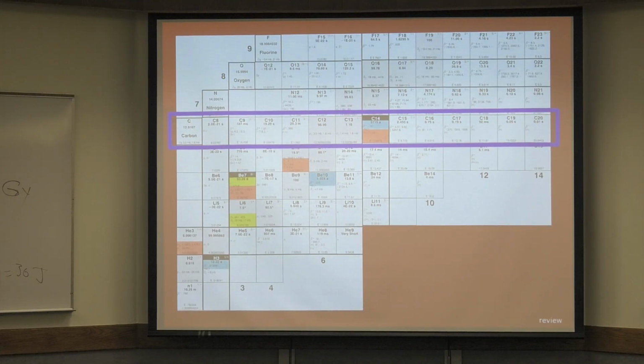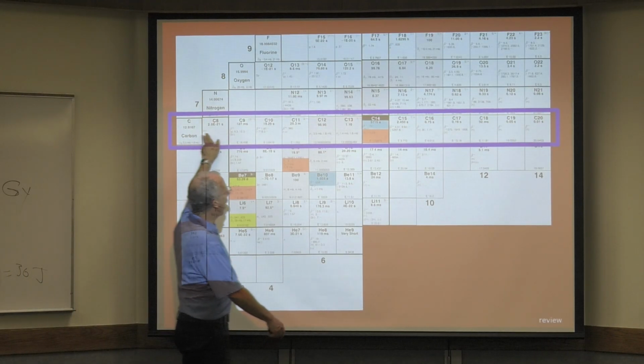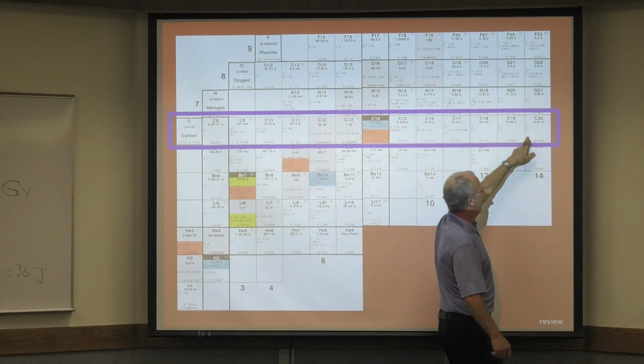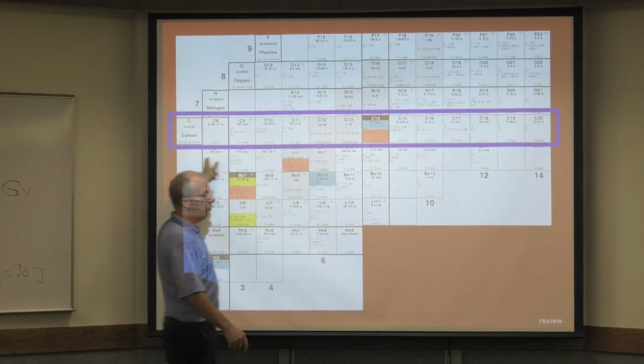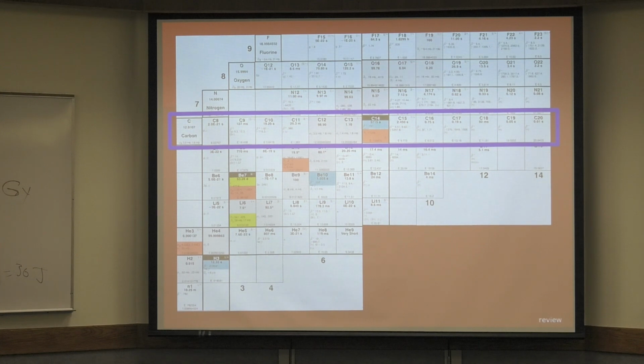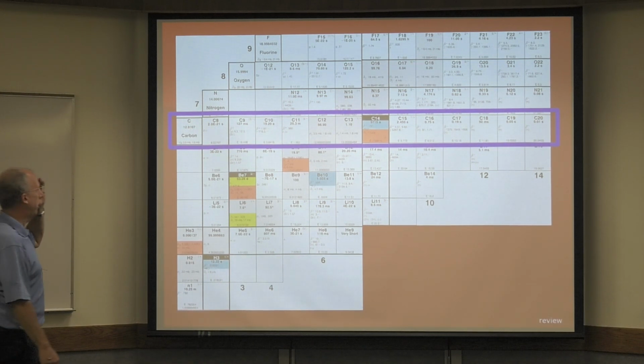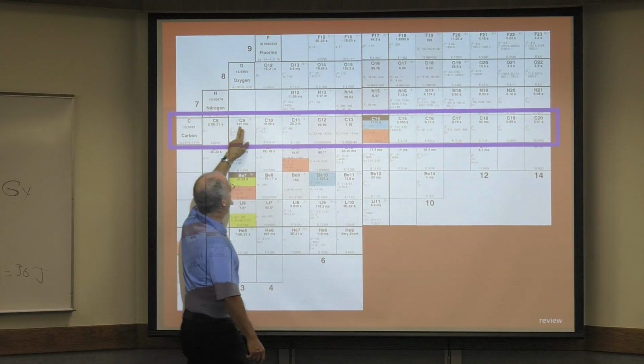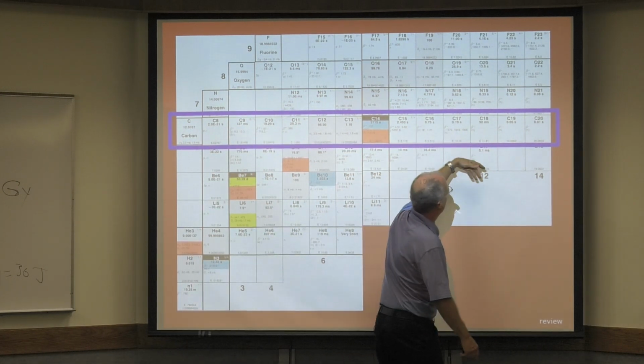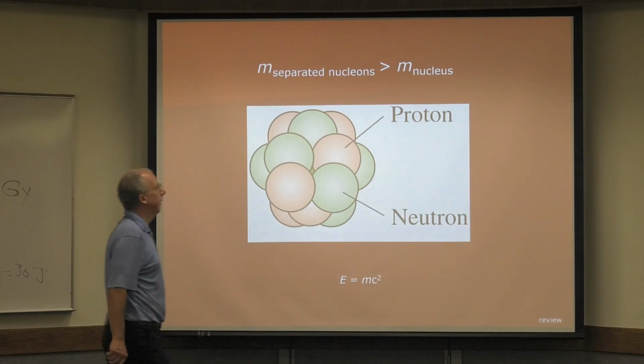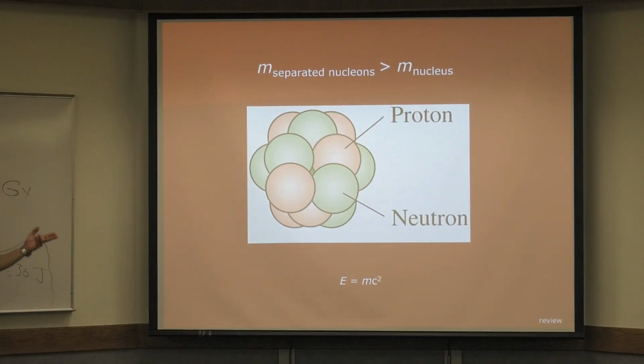Then we learned about isotopes, right? All carbon has 6 protons, but every isotope has a different number of neutrons. Still carbon, but it will have very different nuclear properties. I mean, look at different half-lives, all sorts of different things. This was the weird thing, right?